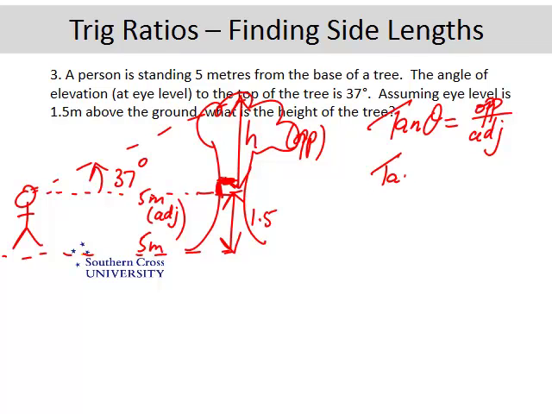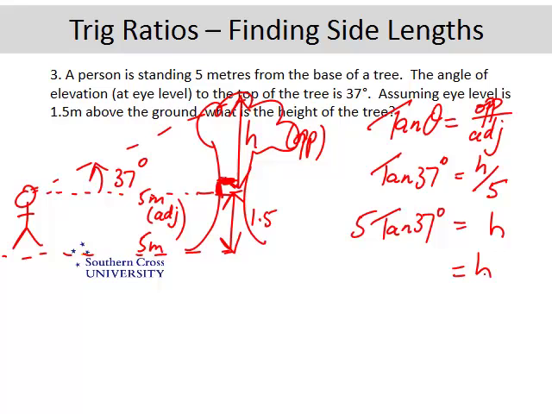So tan 37 degrees is equal to h over 5. So to make h the subject, h is being divided by 5. What's the opposite of that? It's multiplying by 5. So multiply both sides by 5. You're left with h on one side and you get 5 times tan 37 on the other.